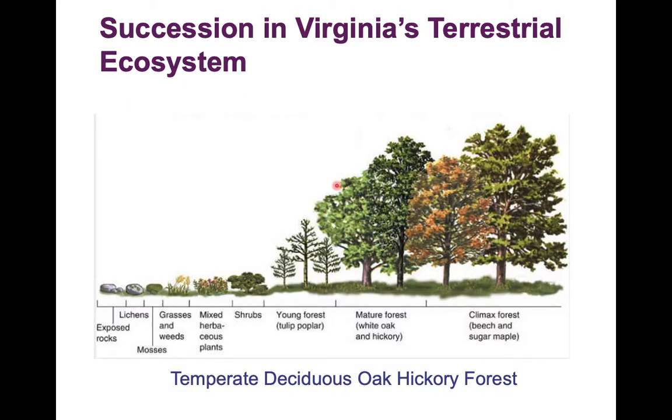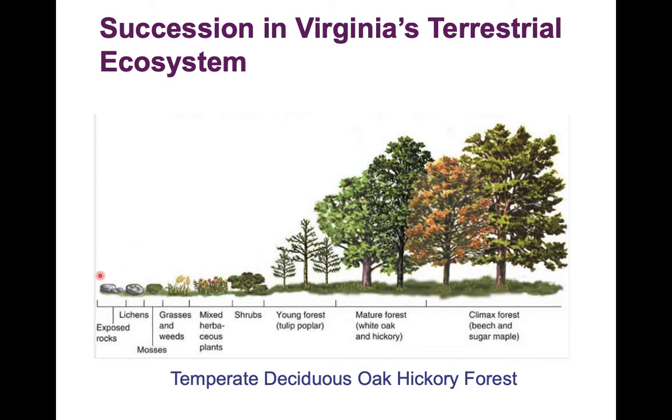And of course, we see succession in Virginia's terrestrial, meaning land, ecosystem. We know that Virginia's climax community is the temperate deciduous oak hickory forest. But how did we get there?